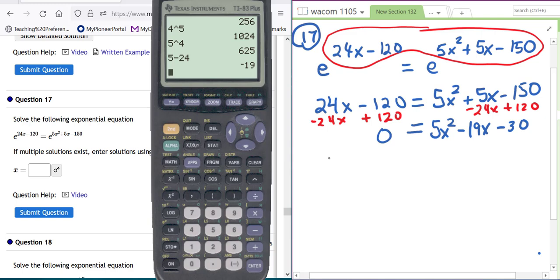Let's see if we can factor it really fast. It might factor and it might not. I'm only trying it because 5 is prime. Different signs. Over here, I have 1 times 30, 2 times 15, 3 times 10, 4 doesn't work, 5 times 6. And you have to flip them all over.